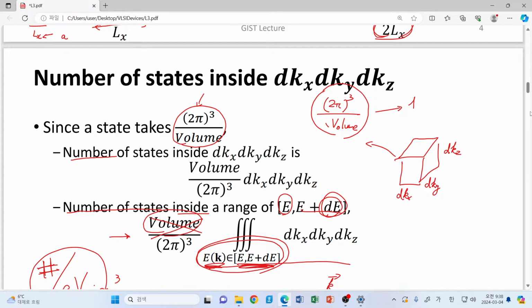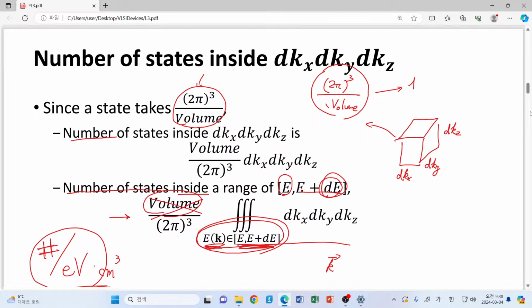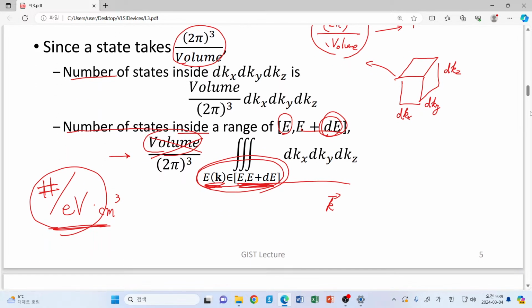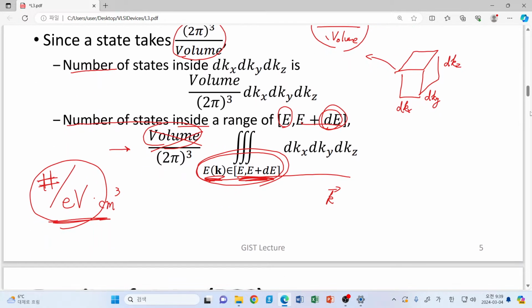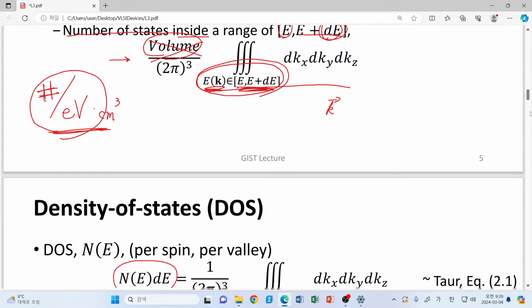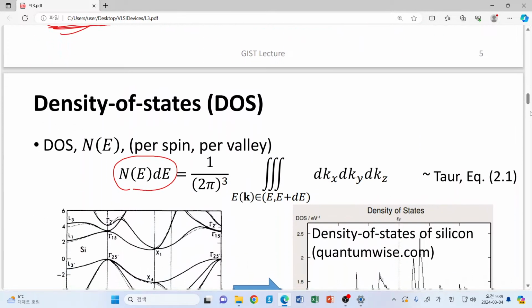So when you change the summation to an integration, we have to have this conversion factor 2π over something, where something means the size of our system, the real-space volume of our system, but normalized.